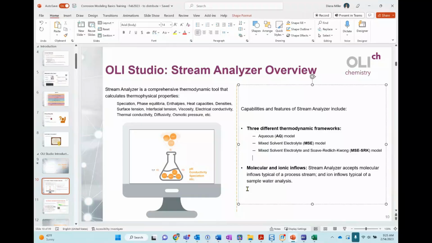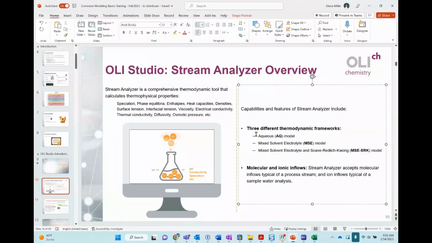So we introduced the SRK, or Soave-Redlich-Kwong equation of state, to capture a smooth transition between, let's say, vapor-like to liquid-like phases. This is mostly used in upstream oil and gas, and when we are working with autoclaves as well. So this is where we recommend the usage of this thermodynamic framework.